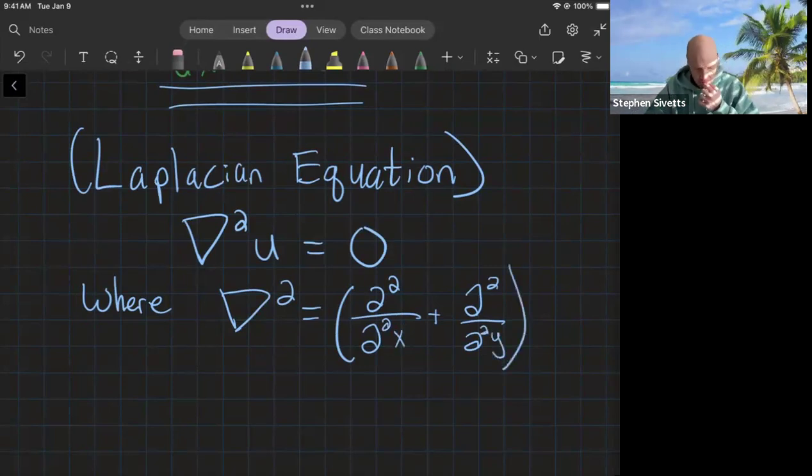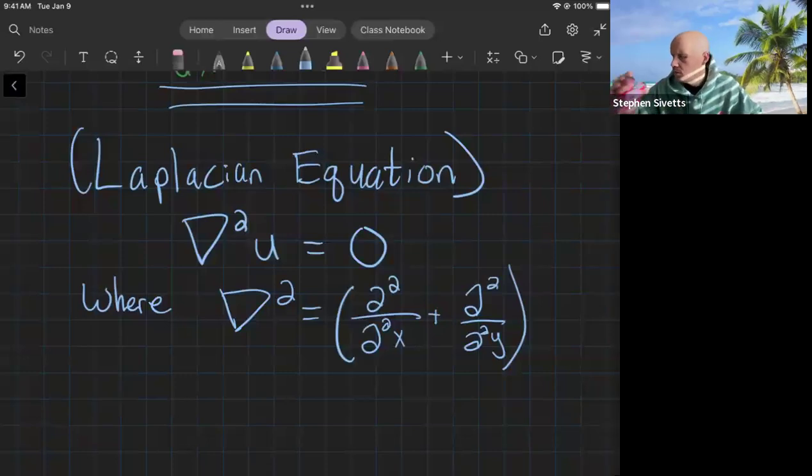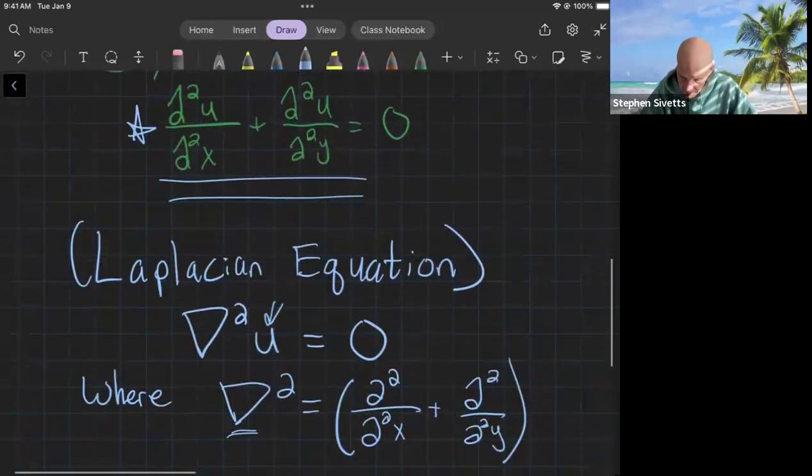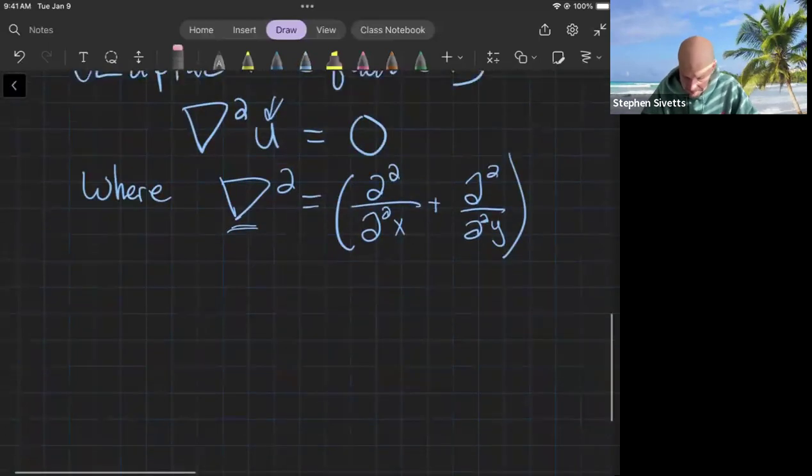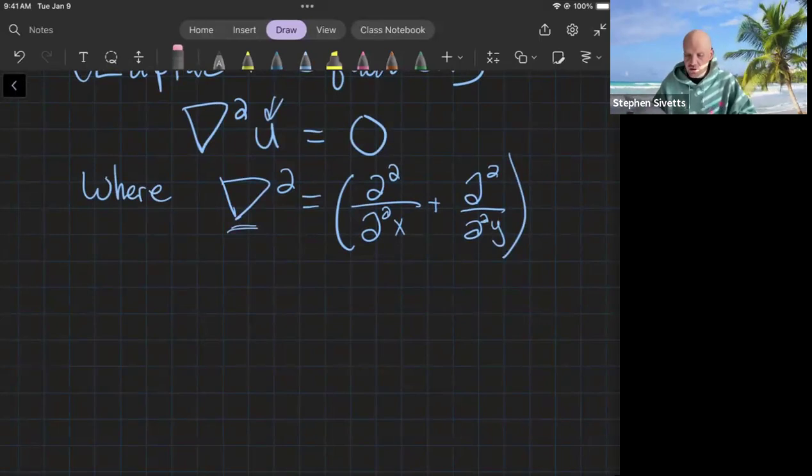Del squared, by definition. So you're just distributing u, and that's just another way to write out this equation here in star. So this is a great condition to show second derivatives for multi-valued functions.